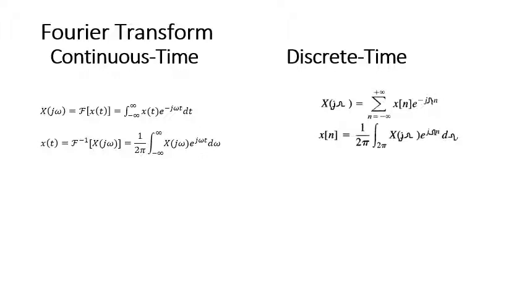The Fourier transform is used to convert the time domain signal into the frequency domain signal, similar to the Fourier series, but the only difference is that we use the Fourier series for periodic signals, whereas the Fourier transform is used for the same conversion when the signals are aperiodic.